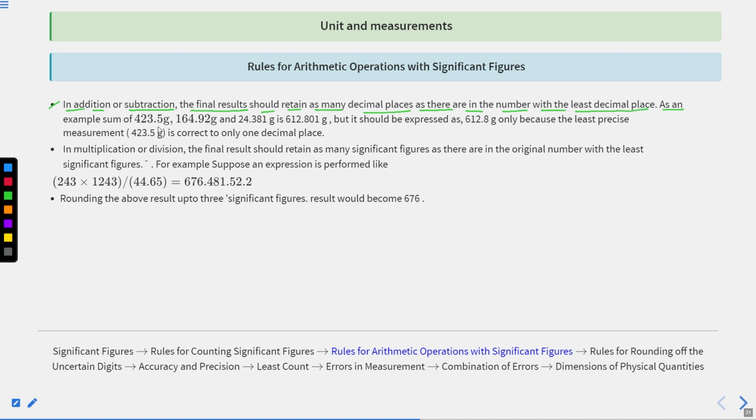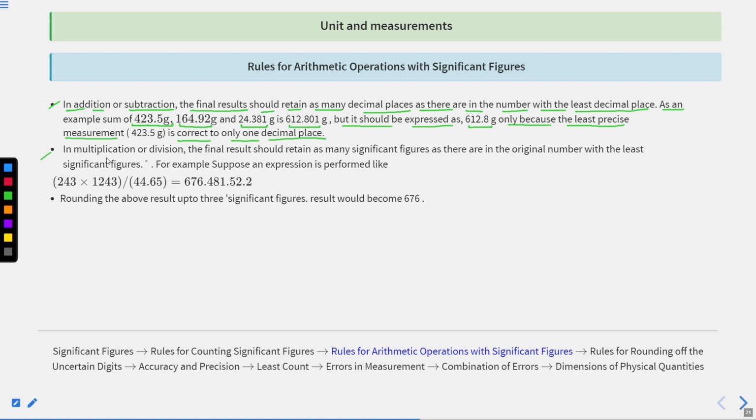As an example, this, and this. But it should be expressed as this only, because the least precise measurement is correct to only one decimal place.